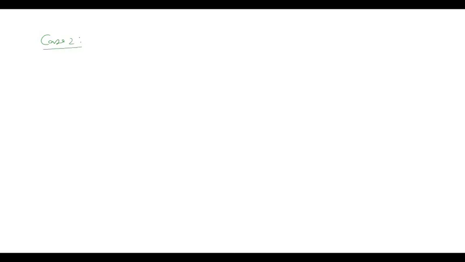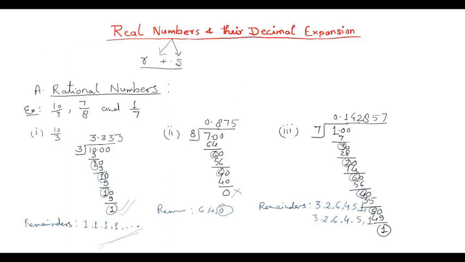When the remainder never becomes 0. As we can see in the case 1 and 3 examples above, the remainders repeat after a certain stage, forcing the expansion to go on forever, or the quotient repeats, making a repeating block of digits.